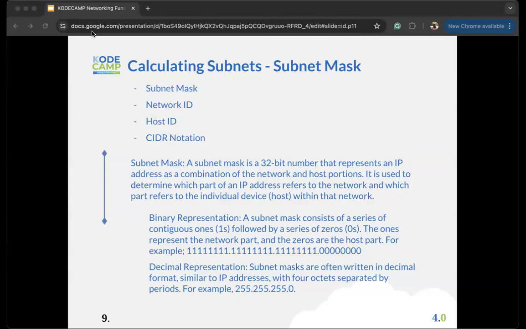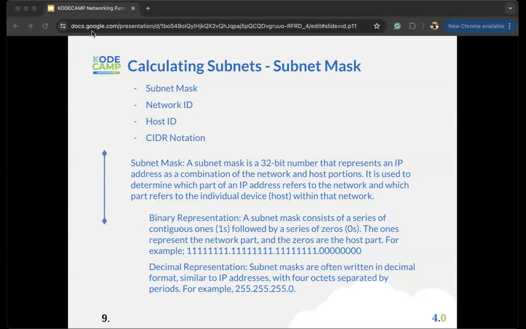I think I'll need to do some diagrams to explain this better, but let's go ahead. Here we will use binary notation. You can use a binary notation or you can use a decimal notation to create the subnet mask, right? So the subnet mask should consist of ones and zeros.